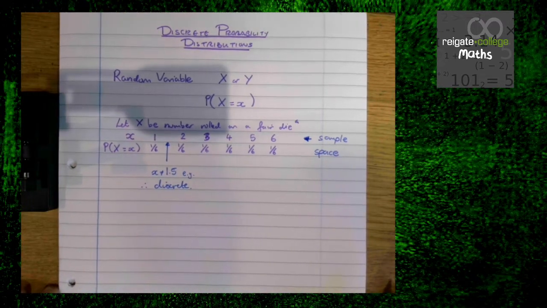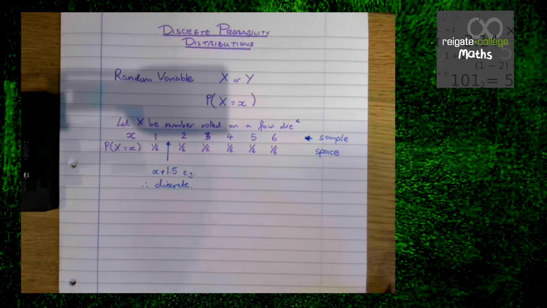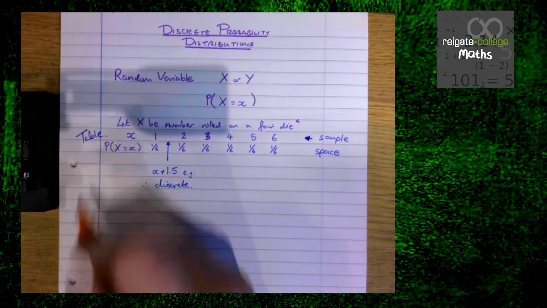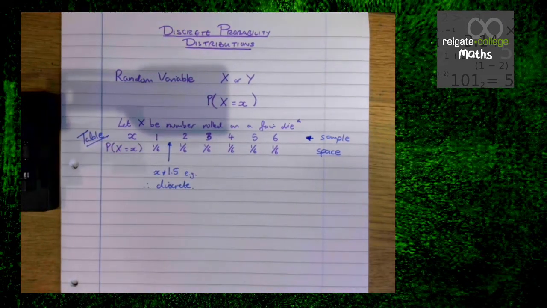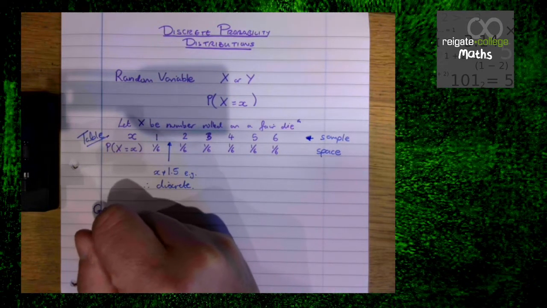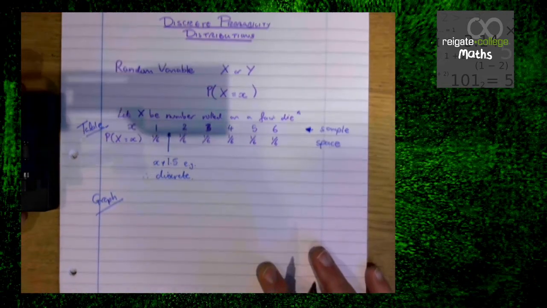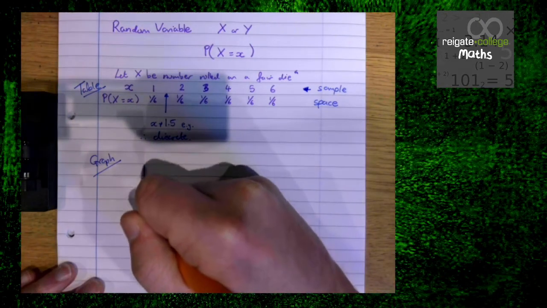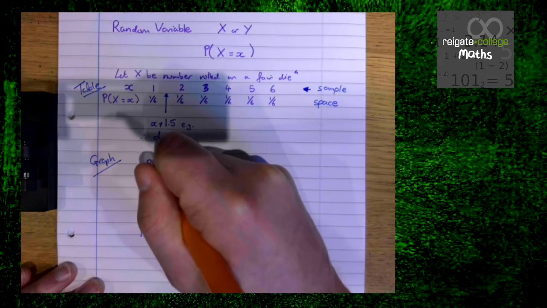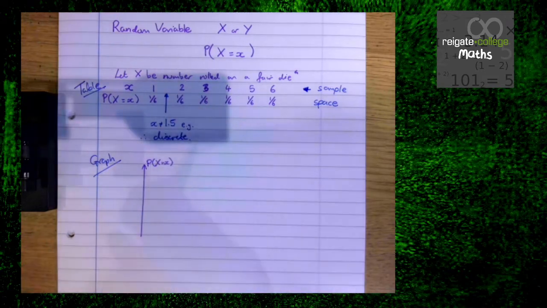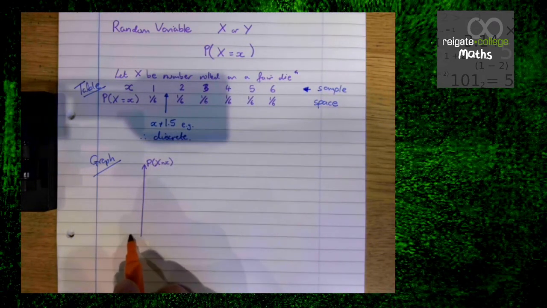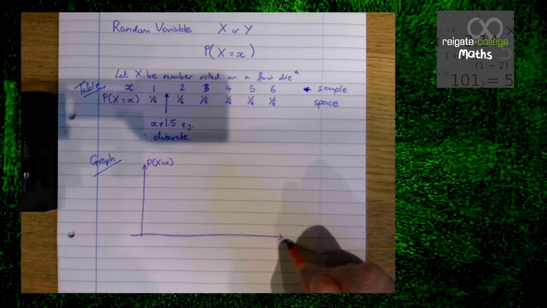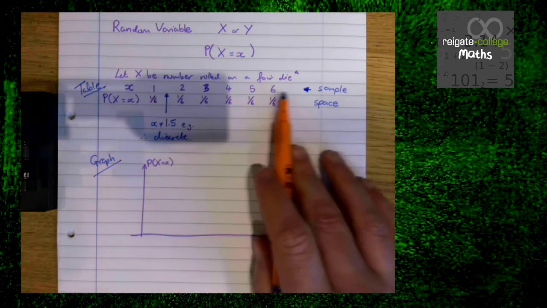So we can describe our distribution in one of three ways. This is the first way, using a table. The second is using a graph, where we have the y-axis as the probability, so the bottom row of our table, and the x-axis being x, our list of possible outcomes.